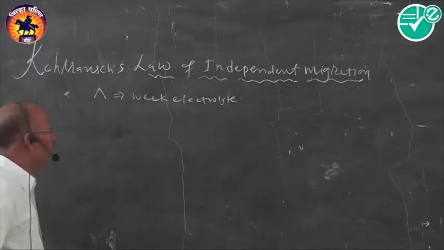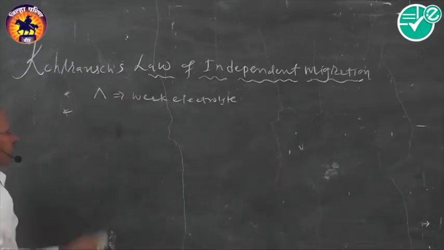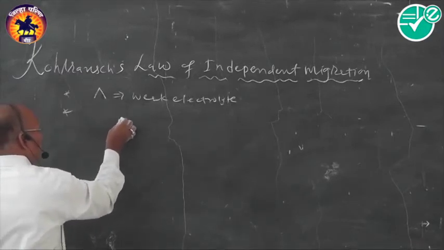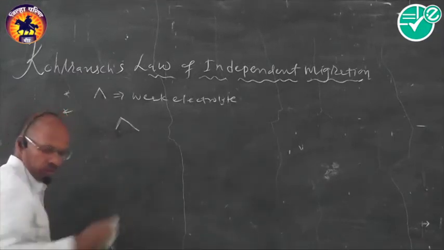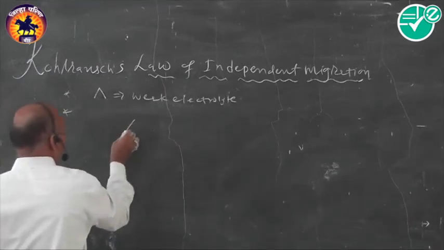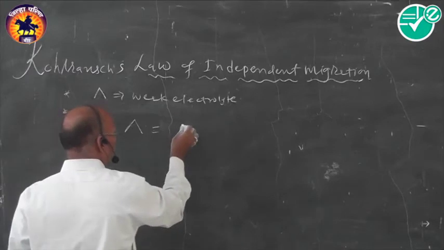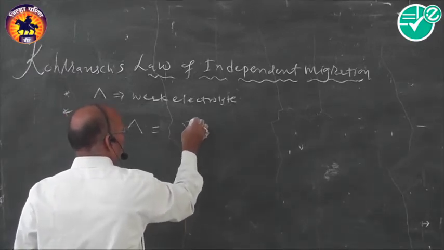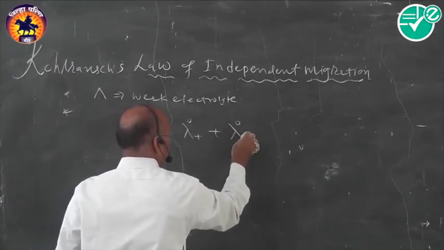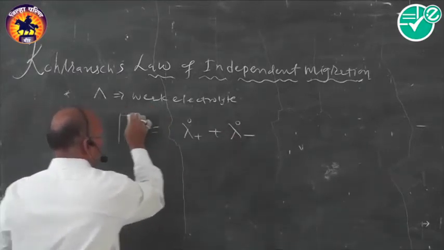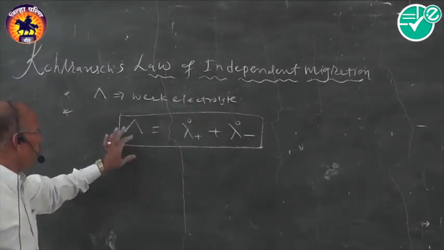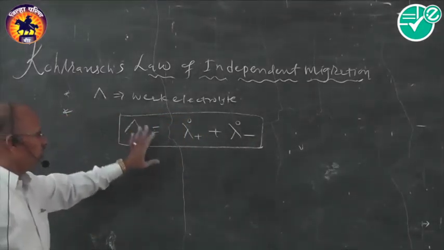That is the first use. Now, what is this law? For example, we take the molar conductivity of the electrolyte, lambda. It generally follows as lambda 0 equals lambda 0 plus plus lambda 0 minus. We will call it an equation like this. Okay. Very simple law. Now how do we state this law? We can state this law.